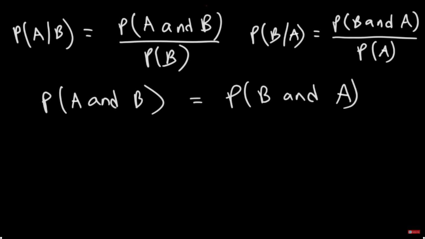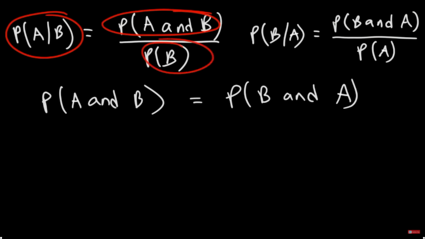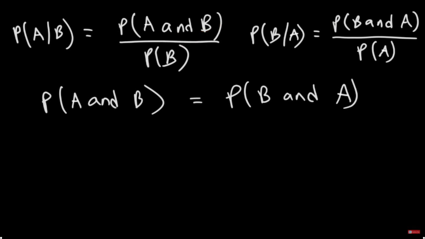So basically what I'm doing is I'm setting these two equal to each other. Now, this is equal to the probability of A given B times the probability of B. So let's replace that on the left side.